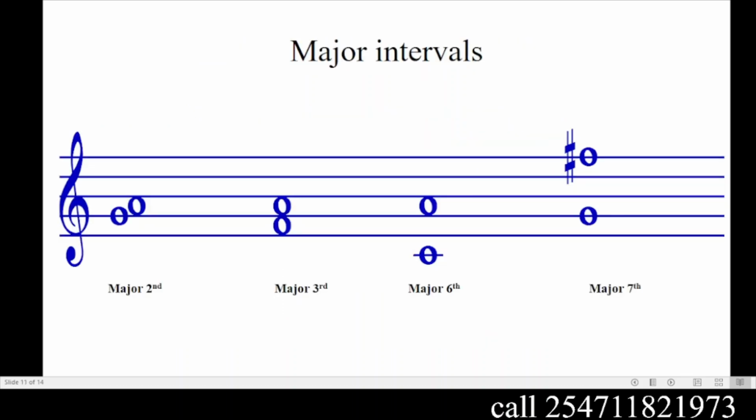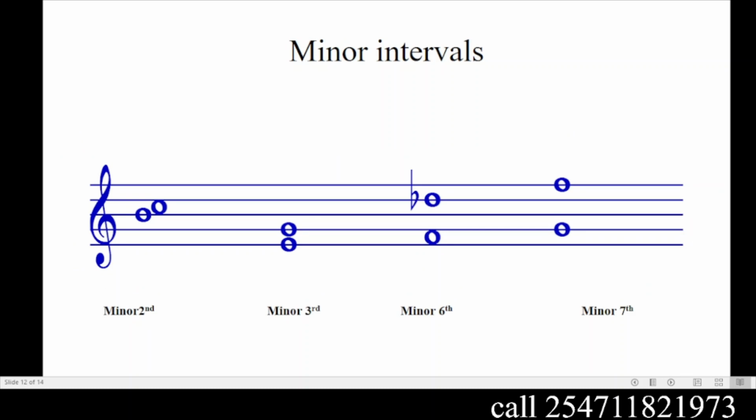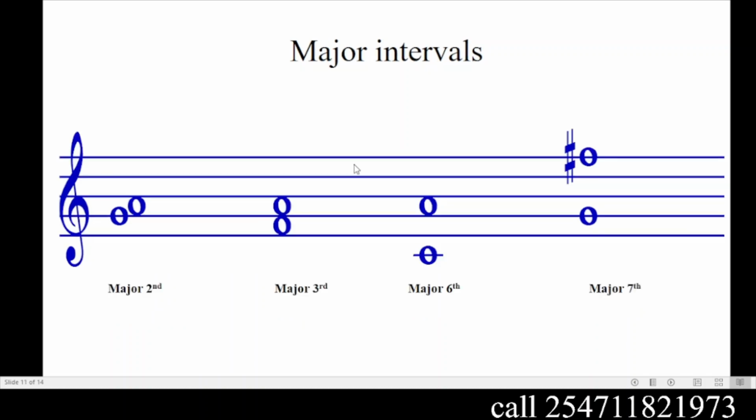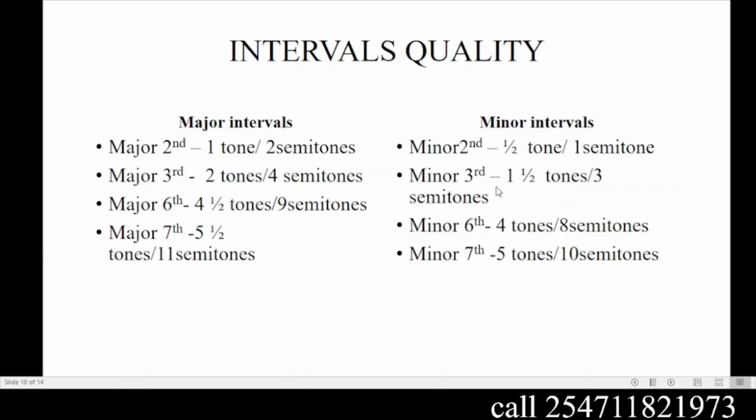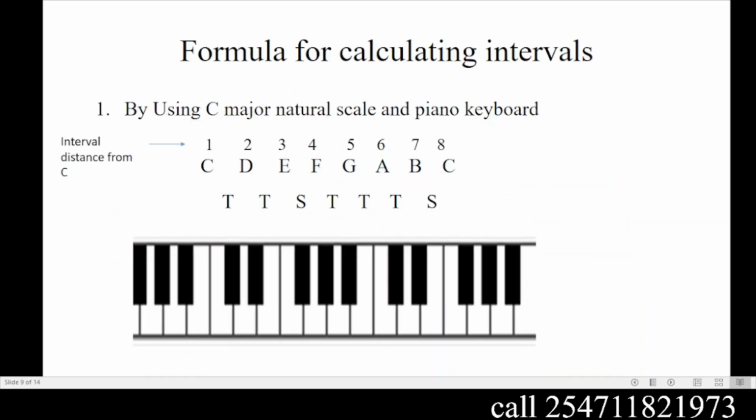Then we have the minor sixth. For example, here we have F to D flat. That is a minor sixth. A minor sixth should have 4 tones or 8 semitones. So let us confirm from F to D flat. F is here, D flat is here.